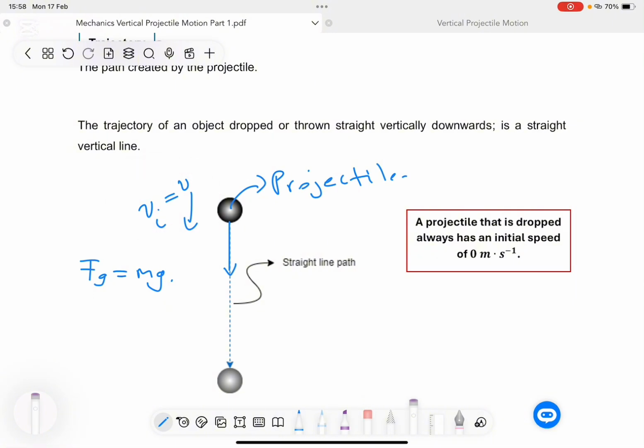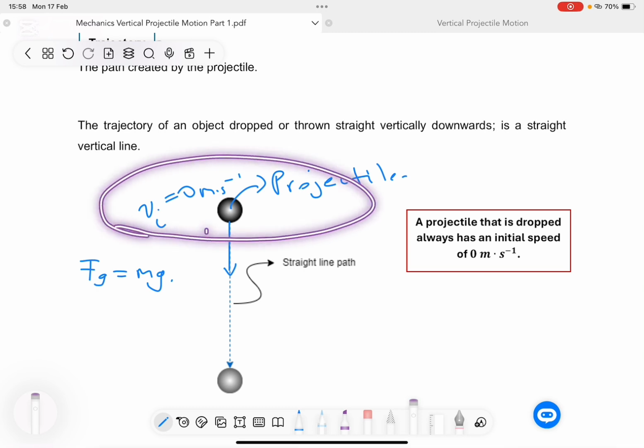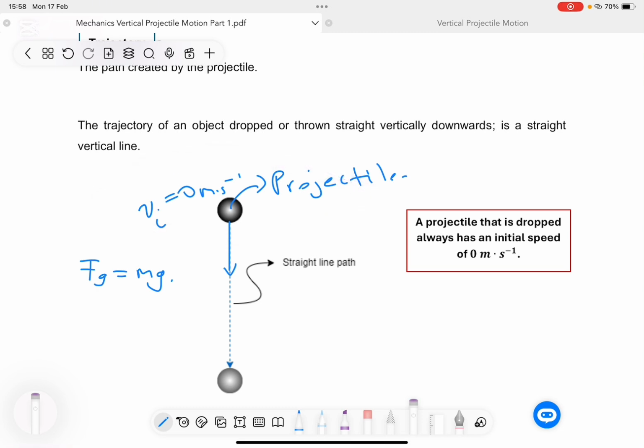But if we were to drop it, then we don't have the v here. We actually have 0 meters per second. In fact, this vector won't be here at all. This only happens when we drop the projectile. Because remember, think about it. If you drop a projectile, it's like you were holding it before you actually let go of it.